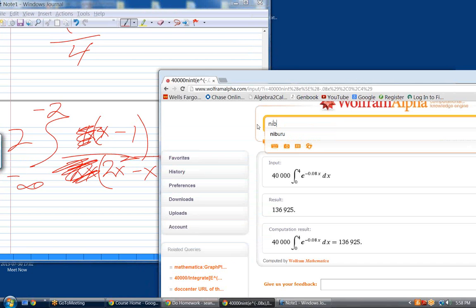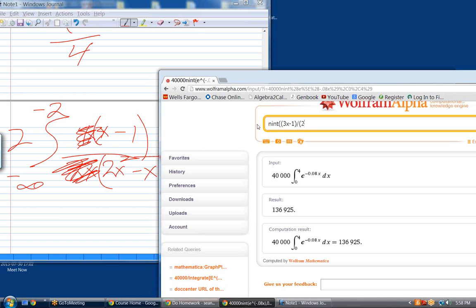So we want the integral of 3x minus 1 divided by 2x squared minus x.